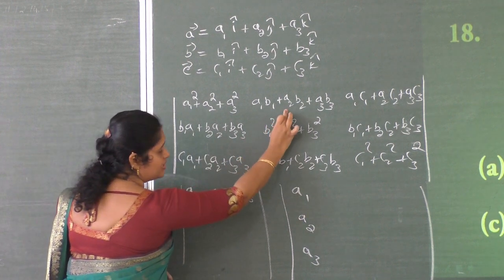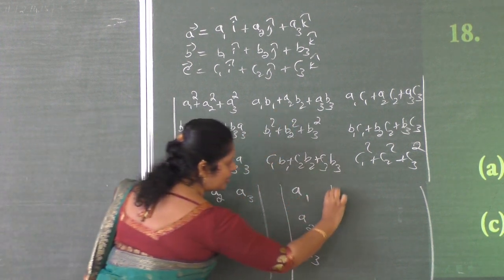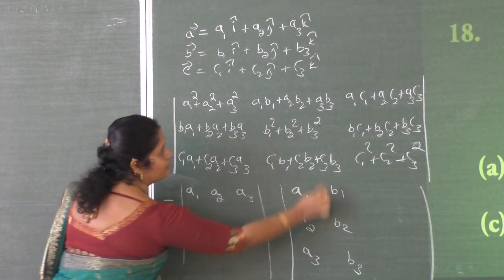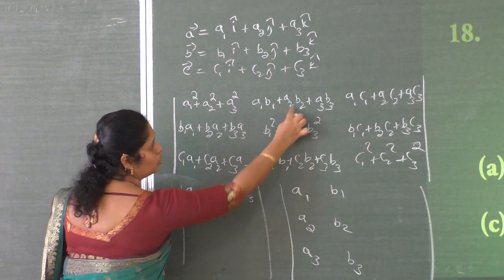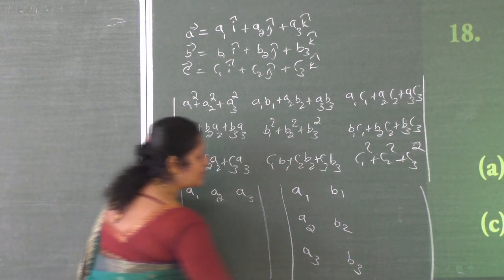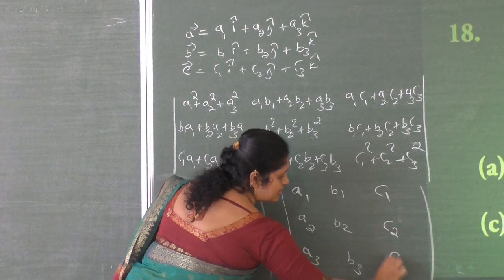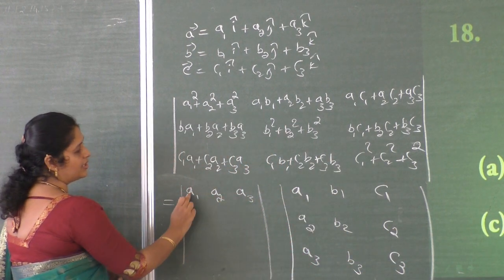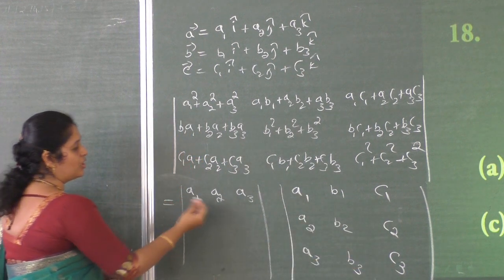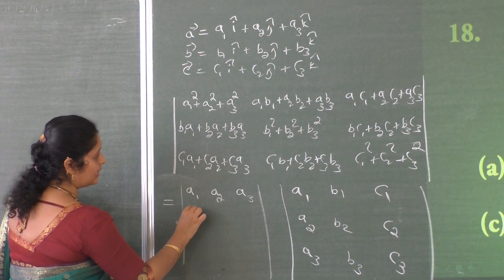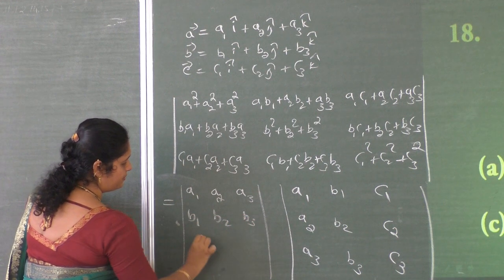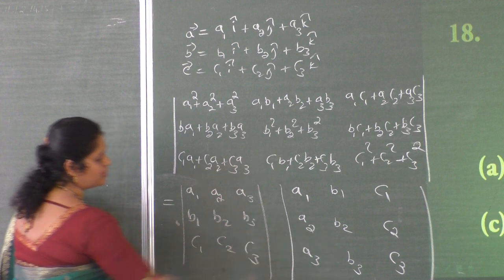Okay, that is about the first element. Next I have to get this A1 A2 A3. I am writing here B1 B2 B3. You can see A1 B1 plus A2 B2 plus A3 B3, and as a third column I have to take C1 C2 C3, getting A1 C1, A2 C2, A3 C3. Now this is equal to, the second row will be B1 B2 B3, C1 C2 C3.